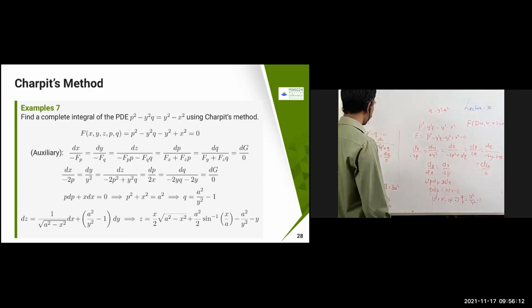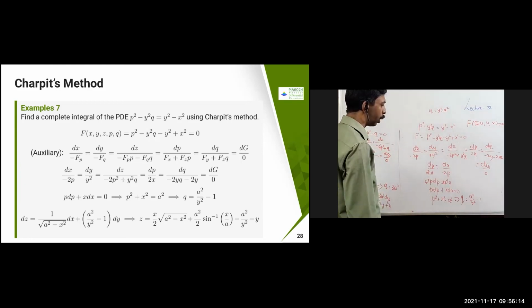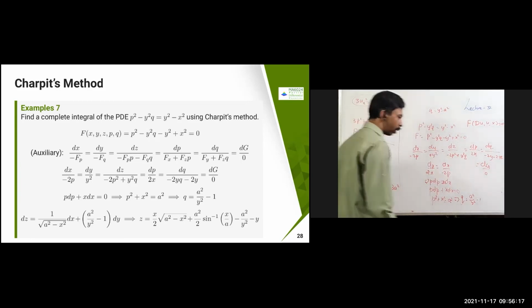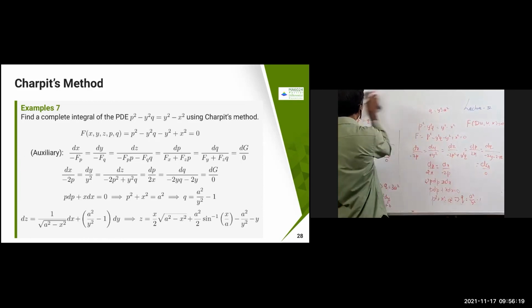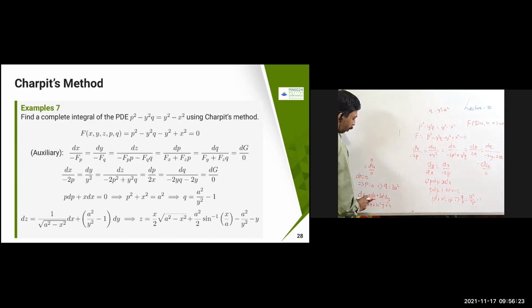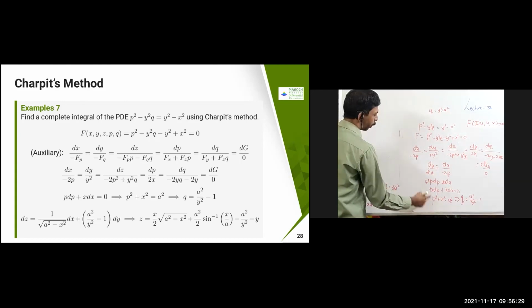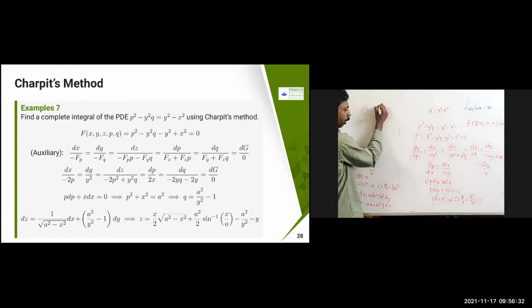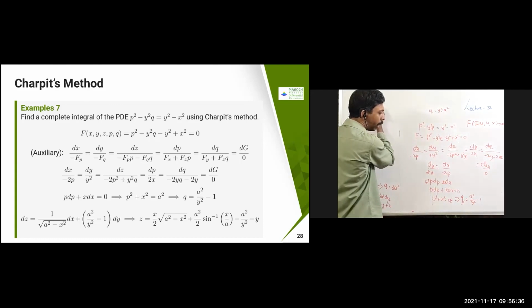So therefore you have to substitute in this equation dz equal to p dx plus q dy. You can write it as dz equal to, so p I can write from here, that is going to become square root of a square minus x square.